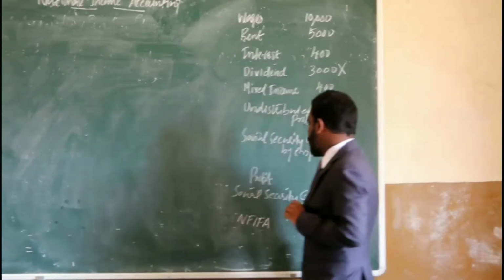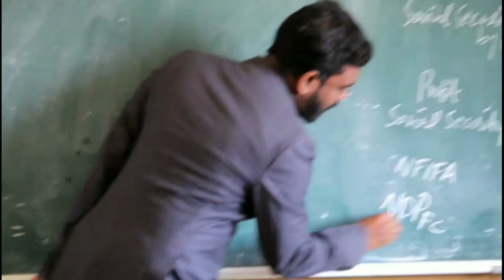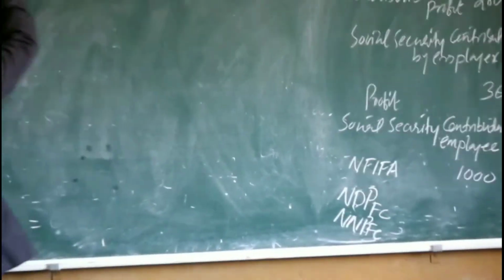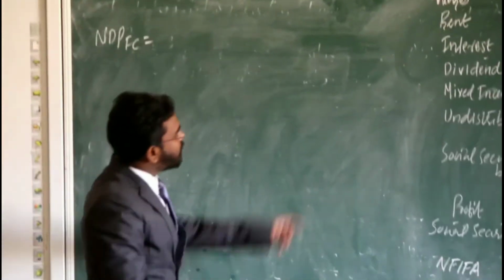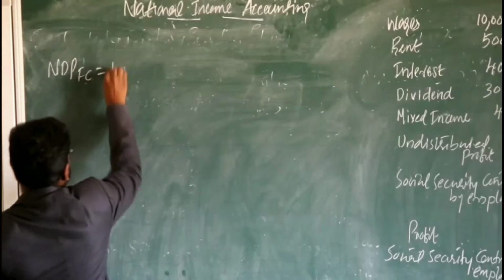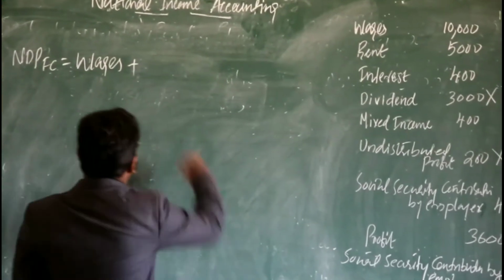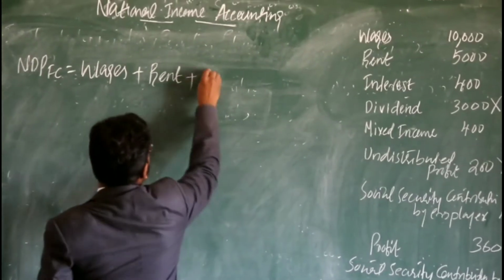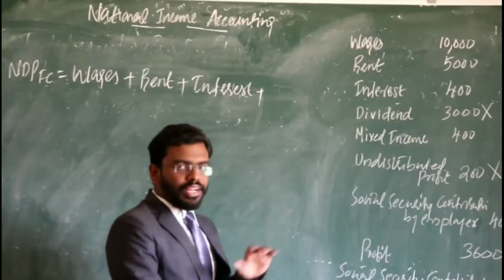Here we need to calculate domestic income, that is NDPFC, and national income, that is NNPFC. So NDPFC we can calculate. NDPFC is equal to first one, that is wages plus rent plus interest plus dividend, it will not be included.